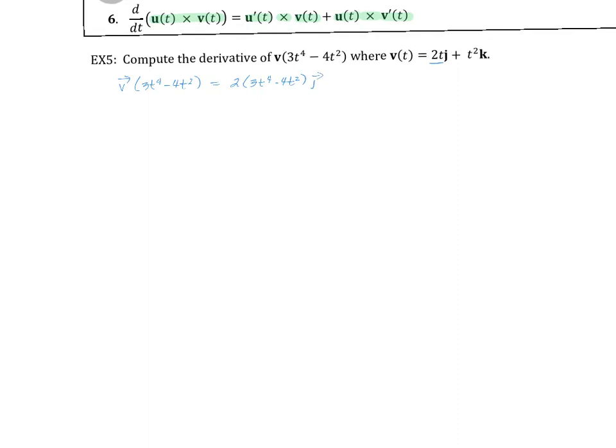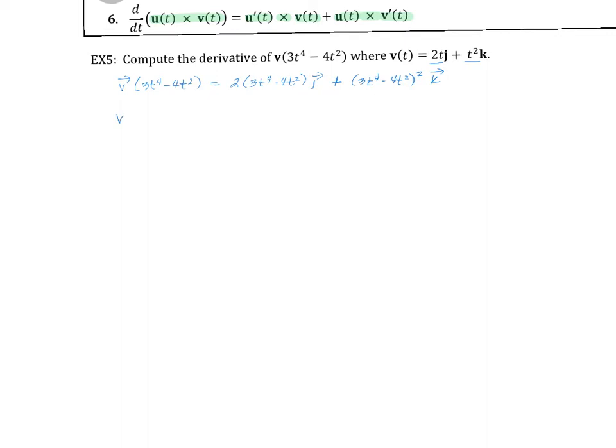Notice there's no i component here. Plus, this is a t squared, so since I'm replacing t with parentheses 3t to the 4th minus 4t squared, then I would square all of that. That would be the component on k. So I decided to compute v of 3t to the 4th minus 4t squared first, and then take the derivative.